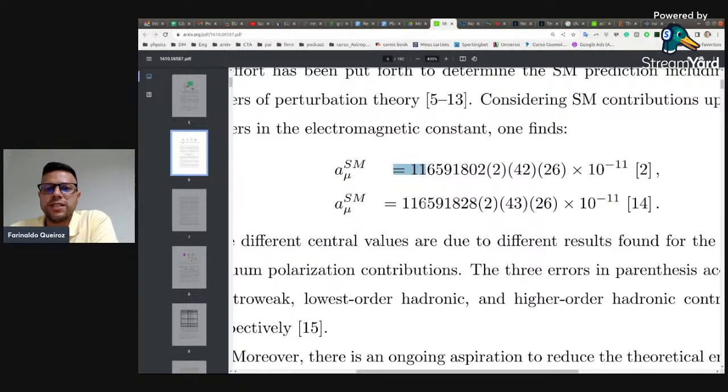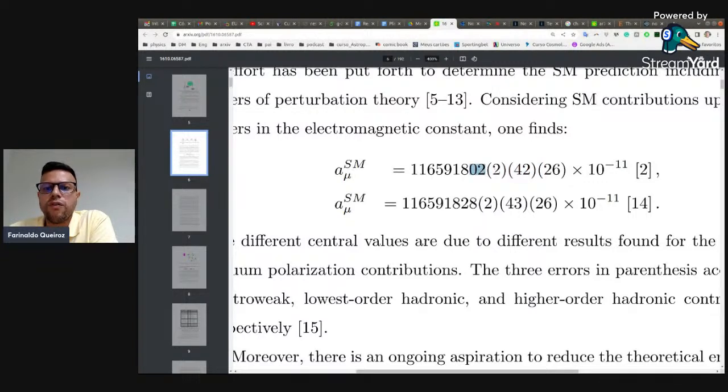The other is 116,591,828. So it's 02 or 28. And look at this. These numbers here, 2, 48 and 26, are corrections to these last two digits. These three numbers are corrections to these last two digits.